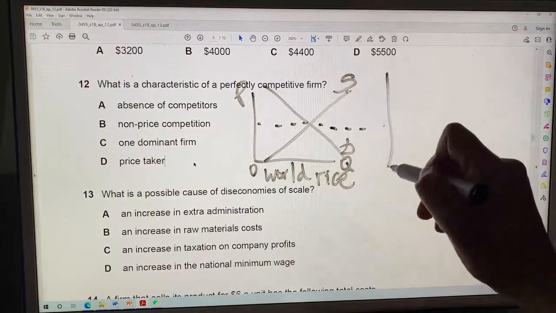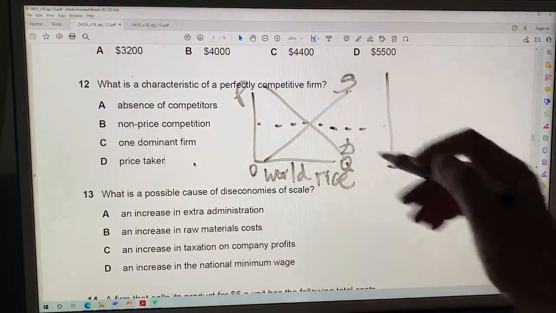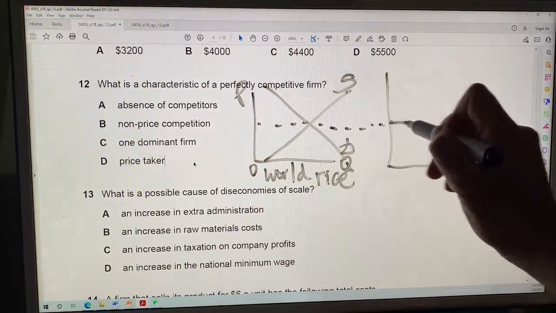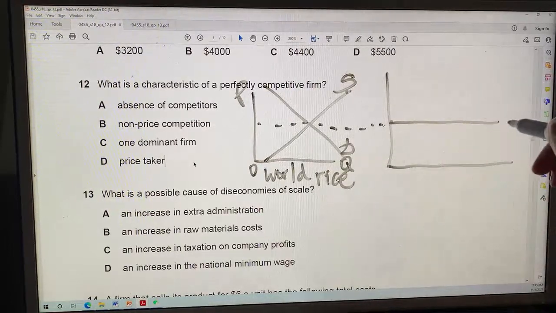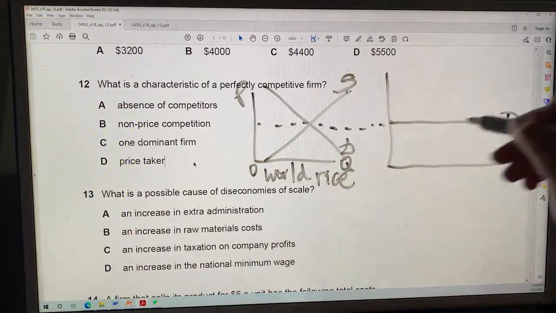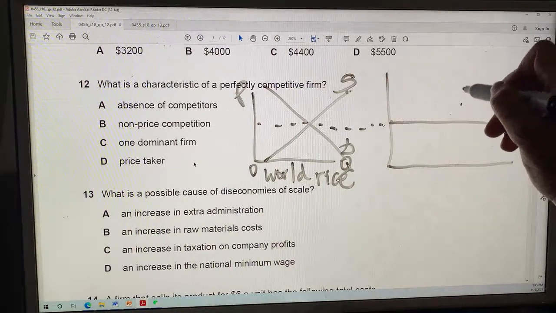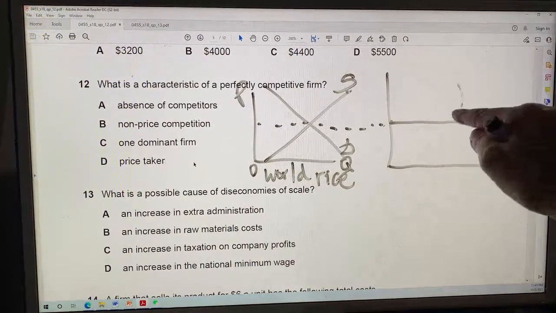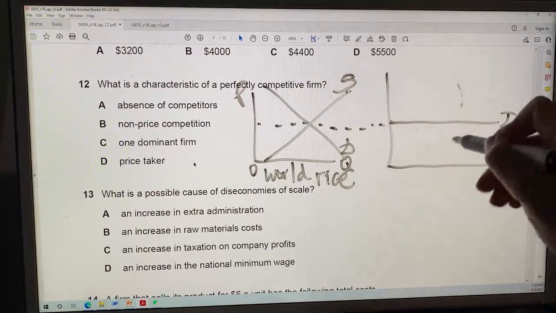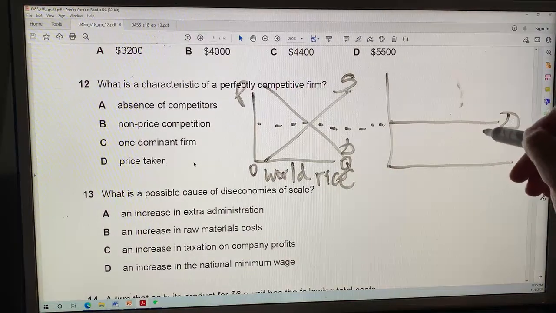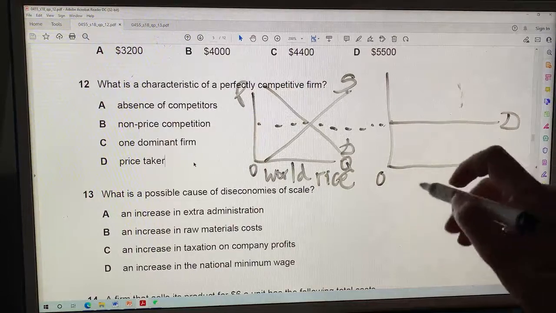And if I'm a producer in this perfectly competitive market, then I am a price taker. This is my demand curve. I cannot try a higher price because my product is the same as everyone else's. If I choose a lower price, I'm just giving money away.